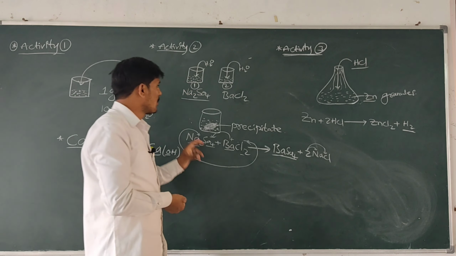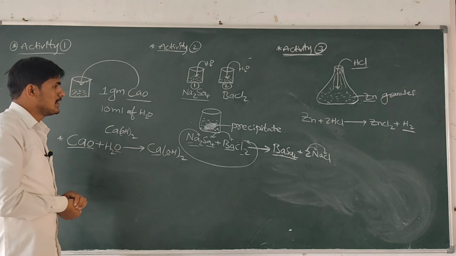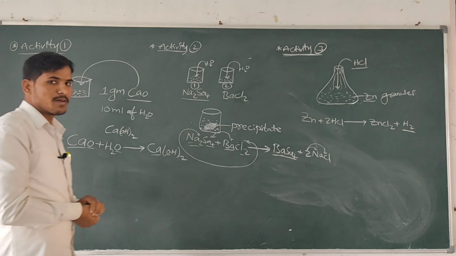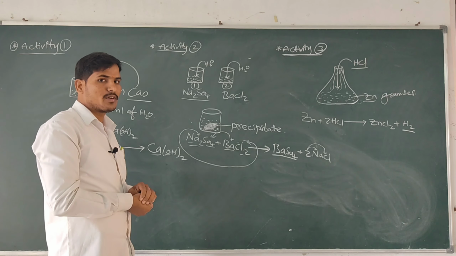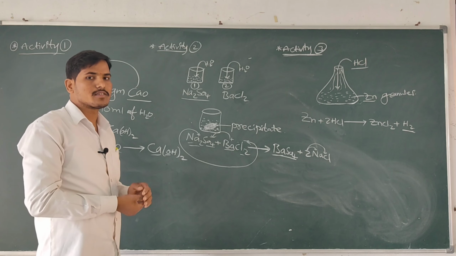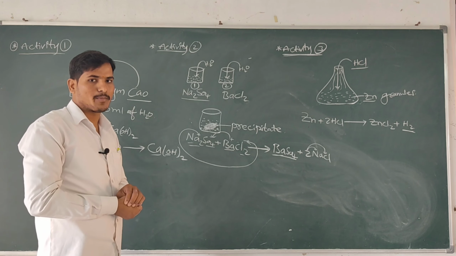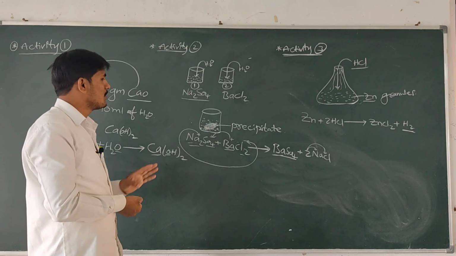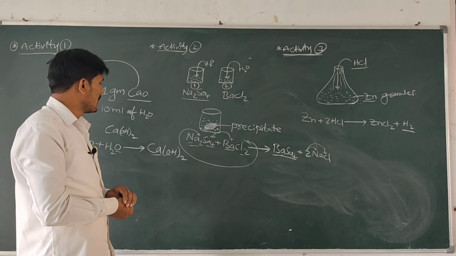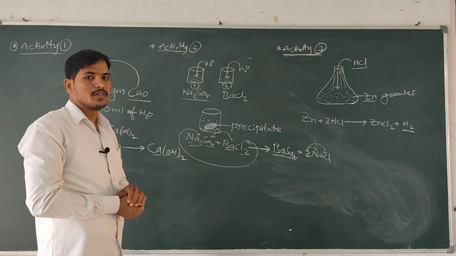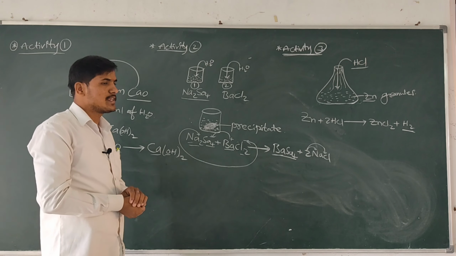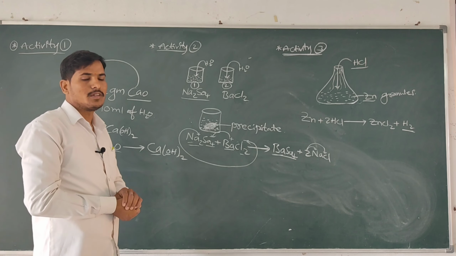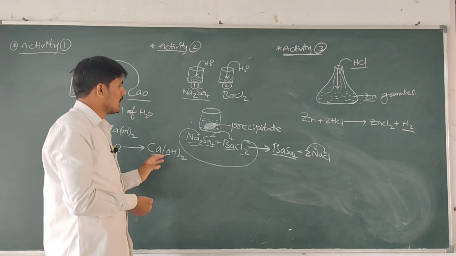In these 3 activities, we observe that the original substances undergoing a chemical reaction lose their original characteristic properties, and the newly formed substances, the products in a chemical reaction, get new properties which are not the same as the reactants.